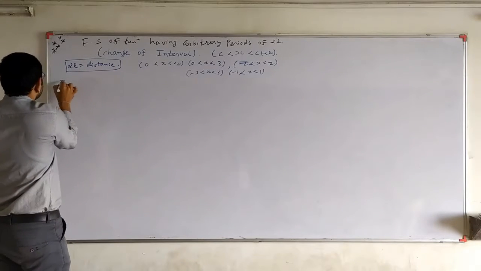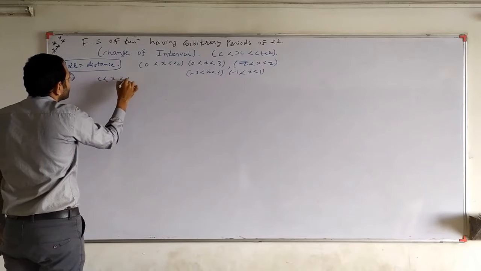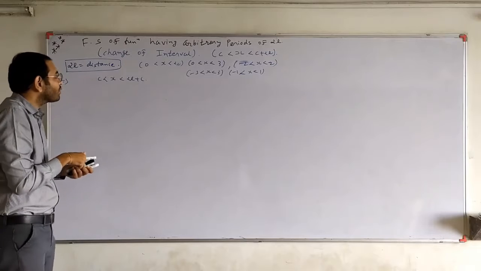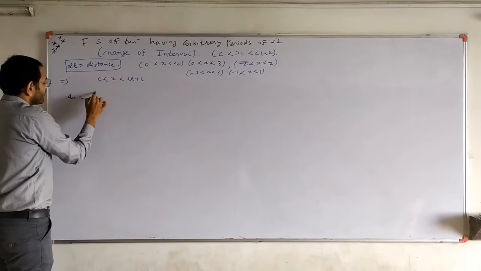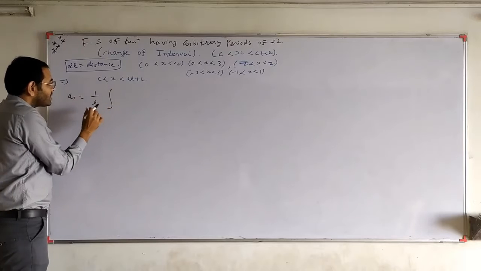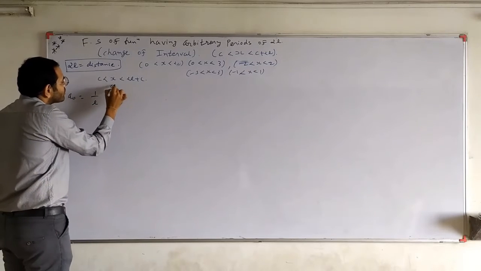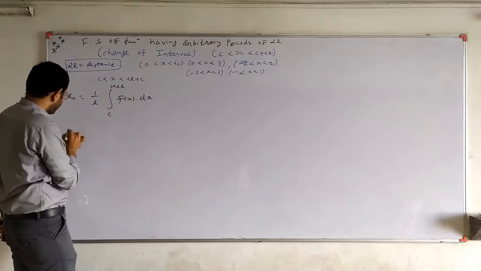Now, first of all, we discuss the range of interval c to c plus 2l. Then our formula is a0 equal to 1 upon l, instead of pi we use l here, integral c to c plus 2l of f of x dx.